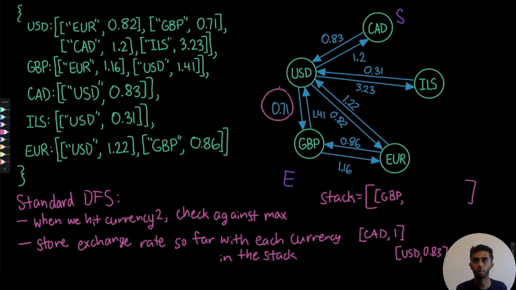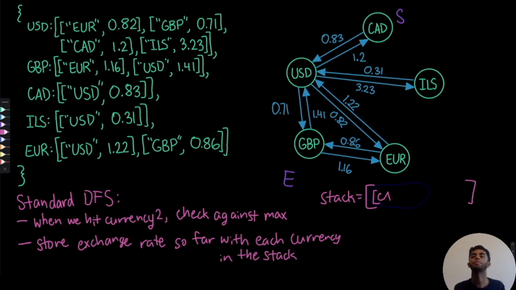So multiply it by 0.71. So here we're putting 0.83 times 0.71 as our exchange rate, which should just be 0.59. I'm not going to continue through all of it, but this covers the general idea of how this works, where each element in our stack is going to contain the exchange rate to get from the start currency to that particular currency. That's how we're going to handle this question.